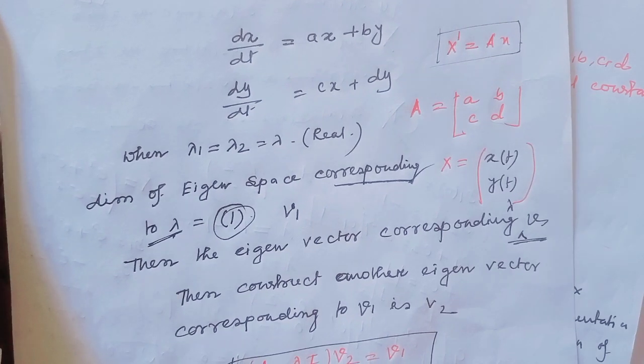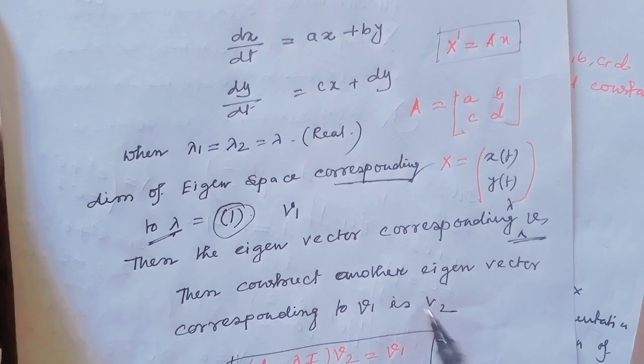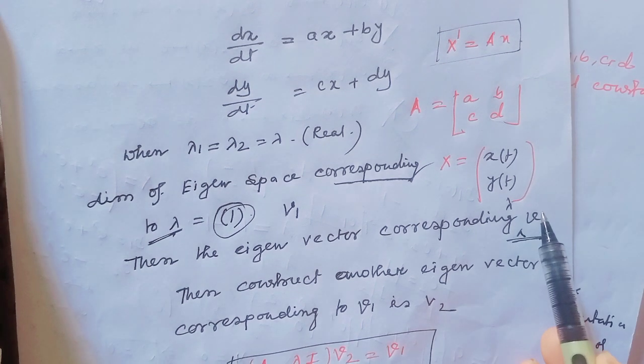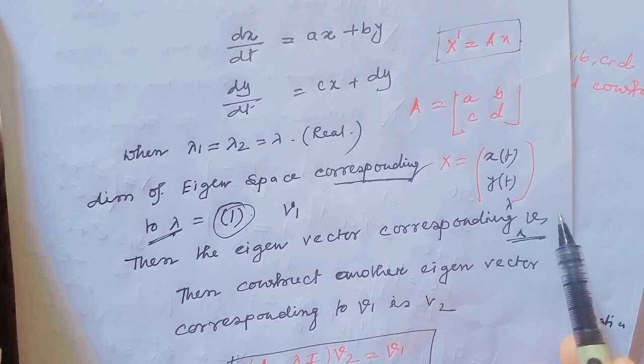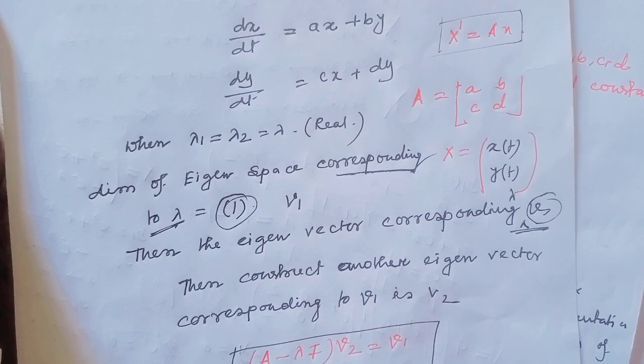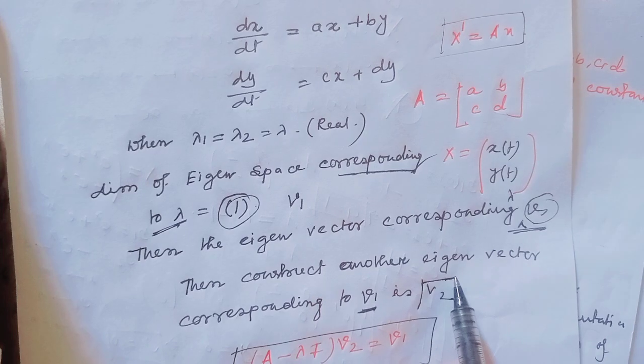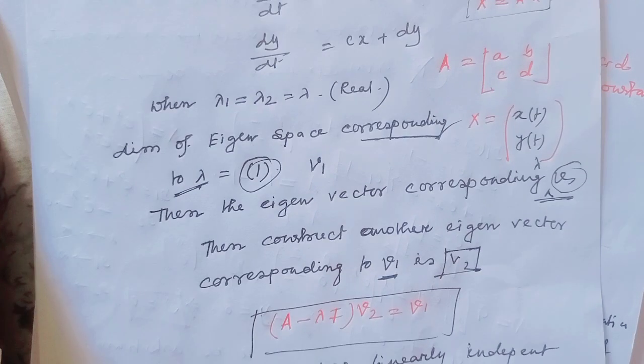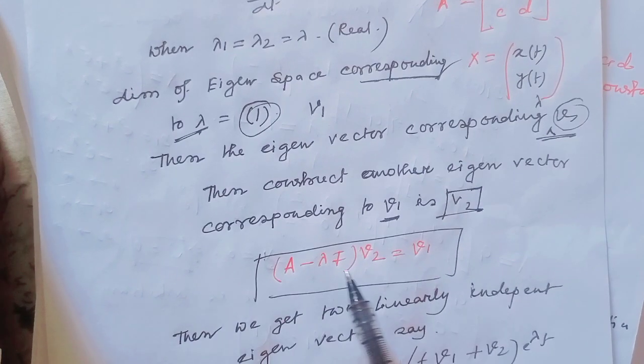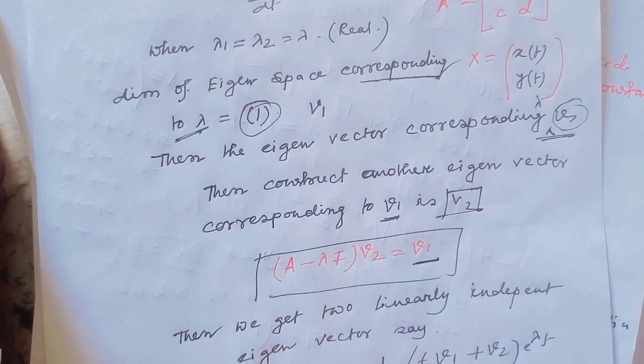This is actually the extra condition. Here one eigenvector corresponding to lambda is v1. Now we have to construct another, new generalized eigenvector v2, and this looks like (A minus lambda I) v2 equal to v1.